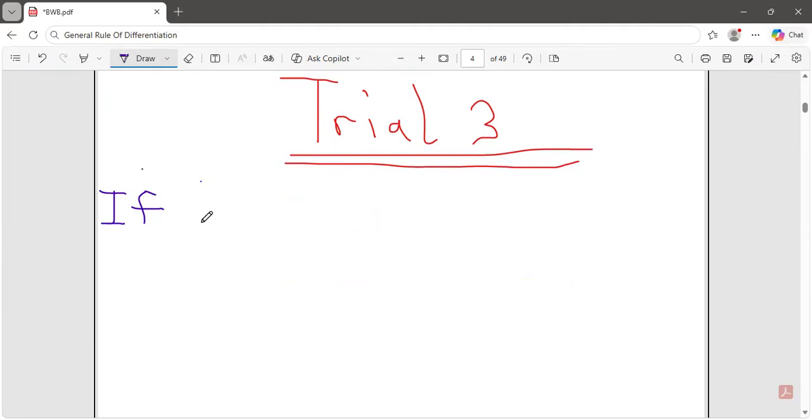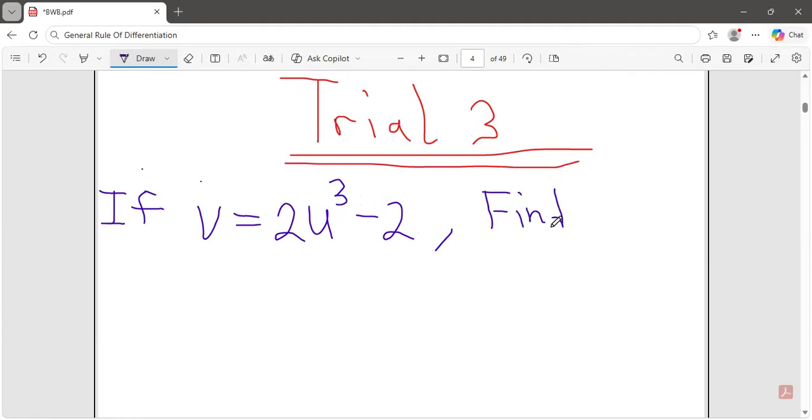So you are saying that if v is equal to 2u exponent 3 minus 2, find v prime, or dv/du.